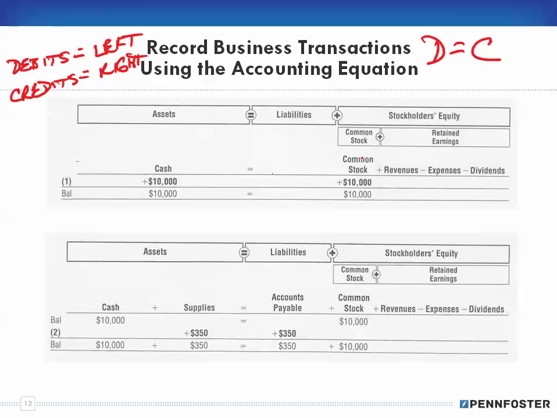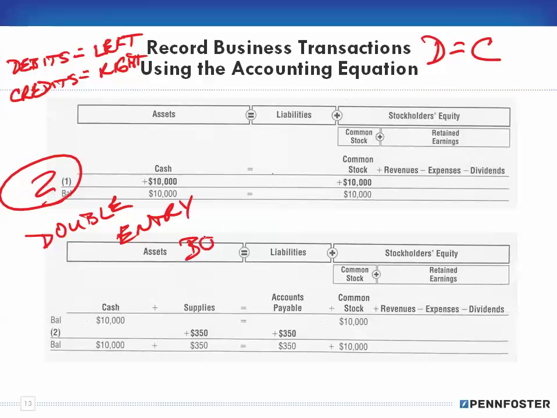So whenever I have a transaction, there always has to be two sides to every transaction. And that's why it's called double entry bookkeeping. Oops, spelled it wrong. Bookkeeping.